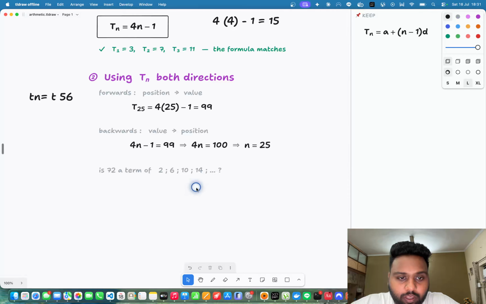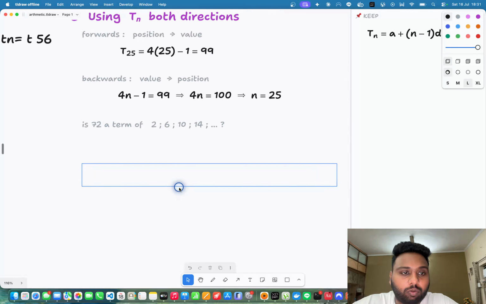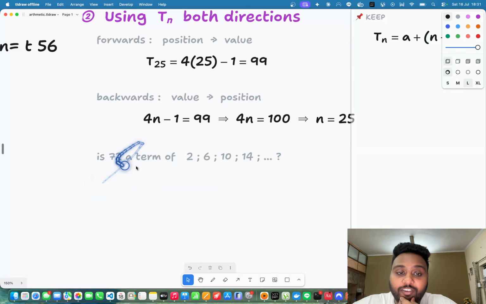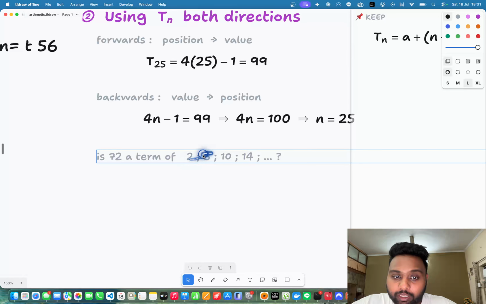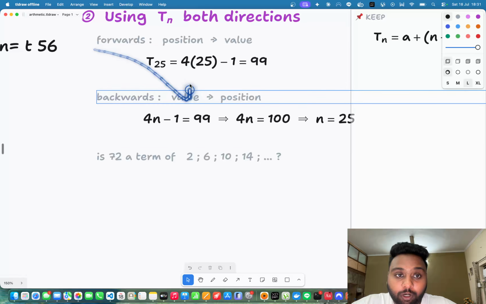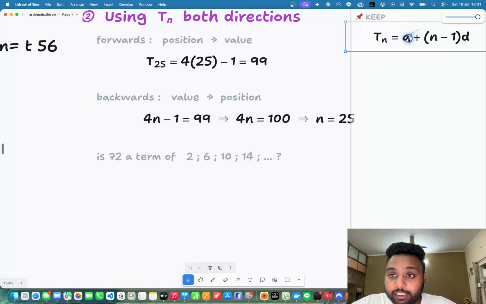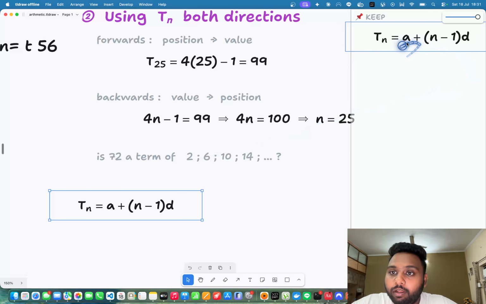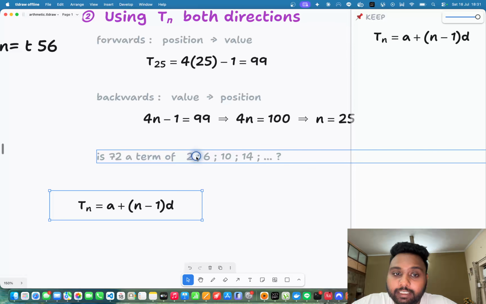Okay, so now this is an example. We have to find the 72nd term for this series, and we will start by looking at the difference. The difference between these two is 4, and the difference between these two is also 4. What is changed is a. The starting term for this series is changed.